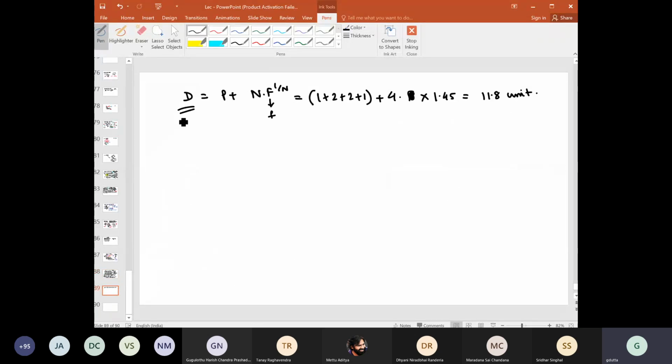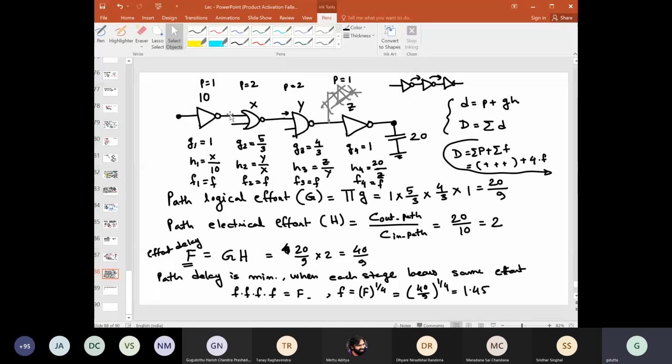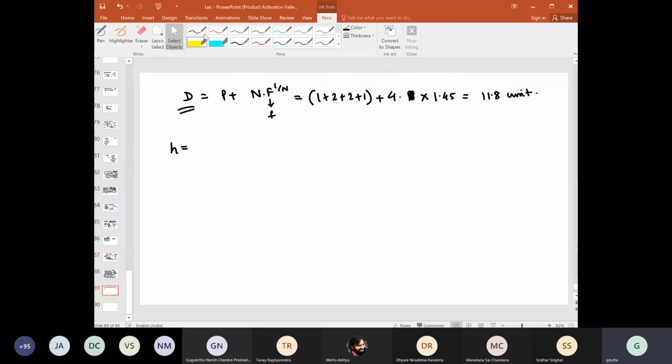let us do it step by step. This H, which we have already defined, is the output capacitance by the input capacitance of each gate. So H is equal to C out by C in. Then what is F? We know F is equal to GH.